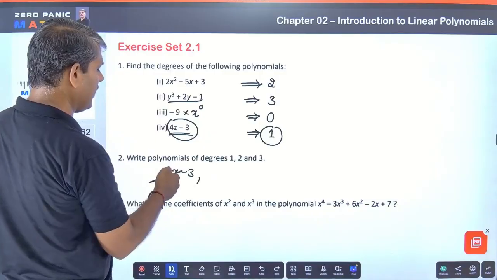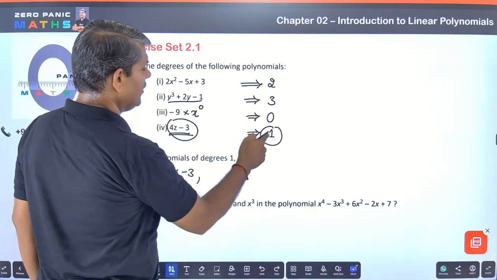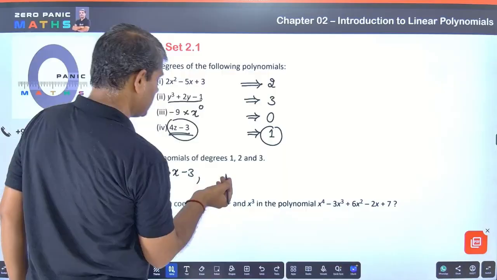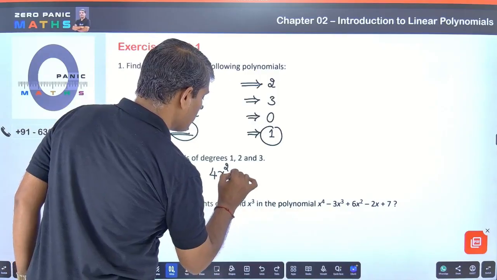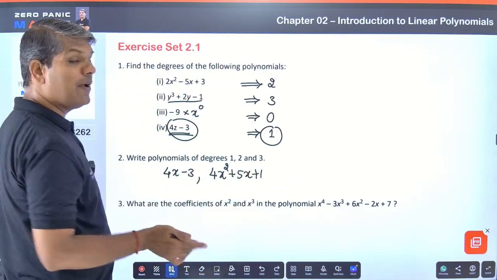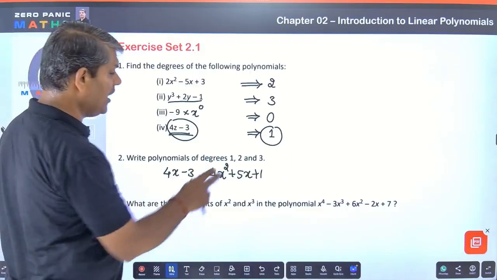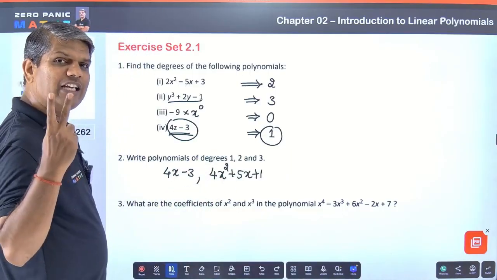Instead of z I have taken x, 4x minus 3 with degree 1. Degree 2 is 2x square minus 5x plus 3. You can change the values and say 4x square plus 5x plus 1. Any values you take, but you should keep the highest power of the variable in that polynomial as 2. That will make the quadratic polynomial with degree 2.